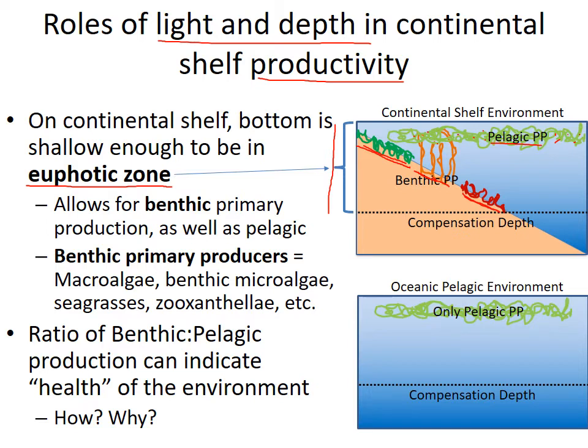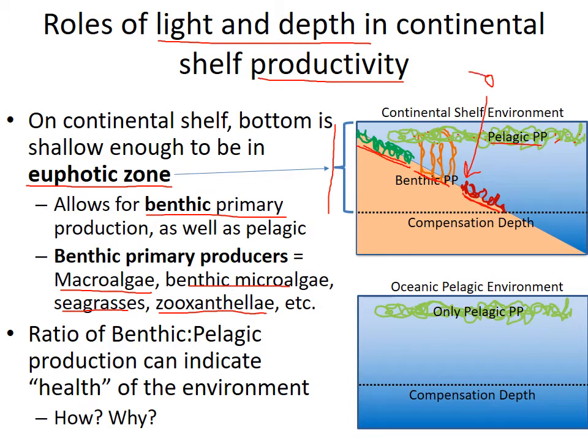So we call these benthic primary producers, and they include seaweeds, microscopic algae that are on the bottom, seagrasses, zooxanthellae, which are the symbiotic algae that live inside corals. Those are also benthic primary producers. And all those things can only exist if the light is getting down to the bottom.